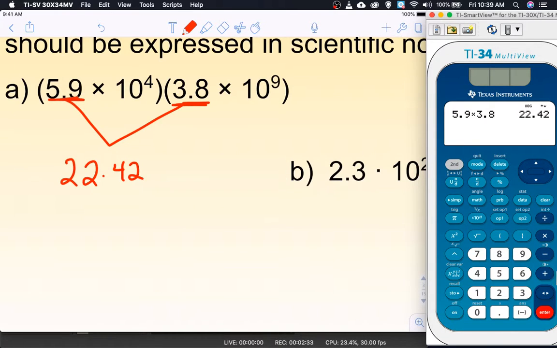Now, we would also multiply our powers of 10 together. And maybe you need to think back a lesson or two to remember how you multiply two powers with the same base. When you multiply powers with the same base, you add their exponents.